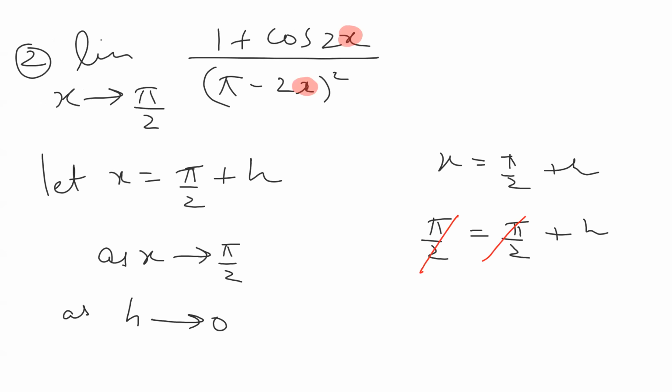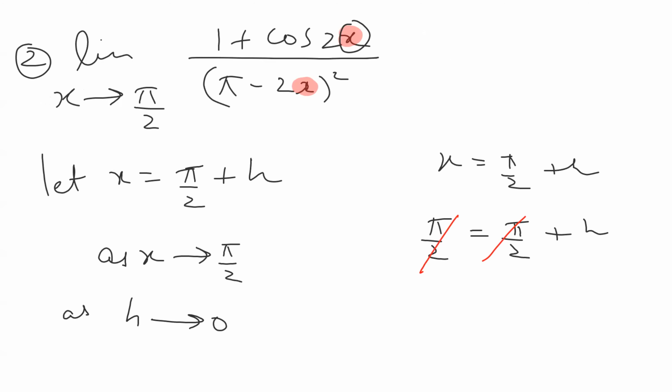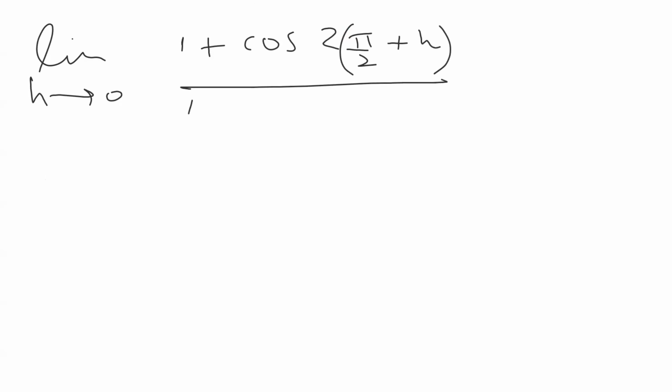So next step, limit h approaching 0, 1 plus cos 2 into pi by 2 plus h, upon pi minus 2 into pi by 2 plus h the whole square.